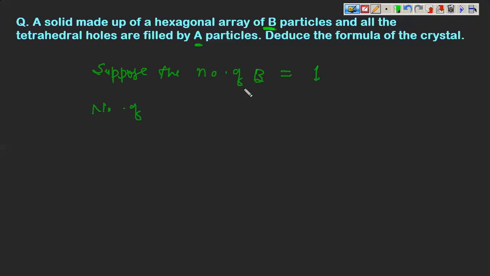If there is one particle, the number of tetrahedral voids will be double, because the ratio between the tetrahedral voids and the particles is 2 is to 1. So if there is one particle, the tetrahedral voids will be 2.